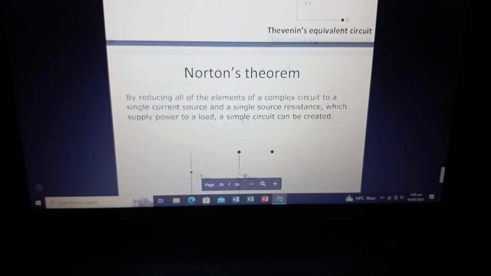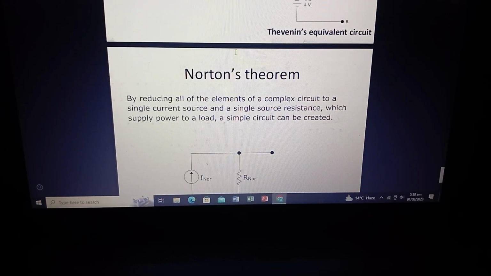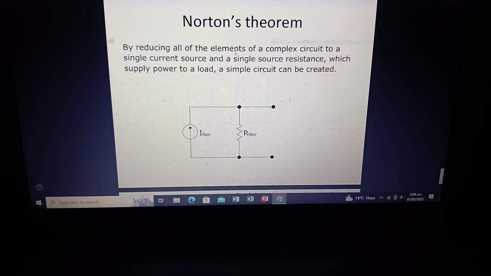Moving next to Norton's theorem. We also say that these two concepts are a little bit opposite to each other, but that is a long discussion. So we are going to study Norton's theorem here by reducing all of the elements of a complex circuit to a single current source and a single source resistance which supply power to a load.